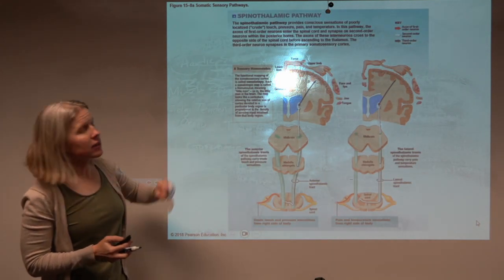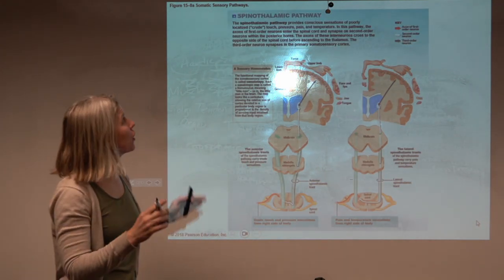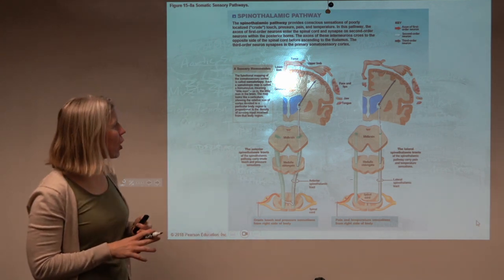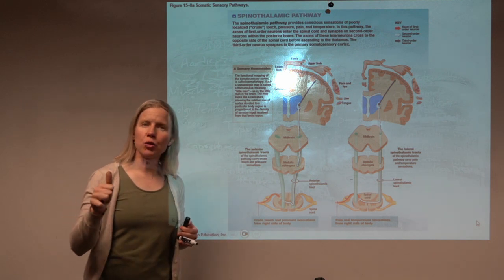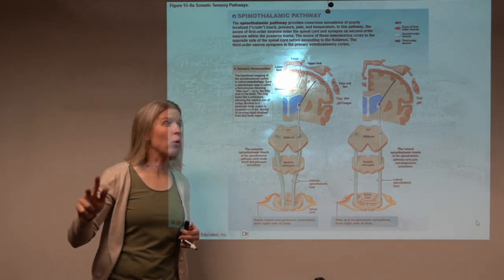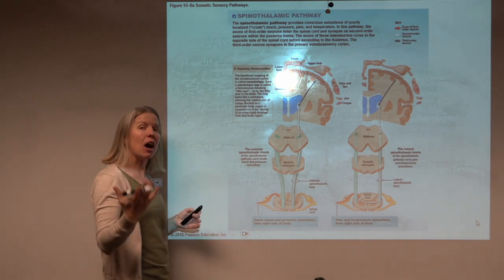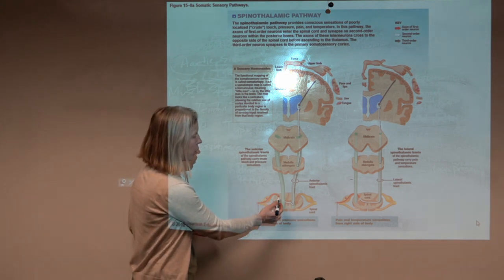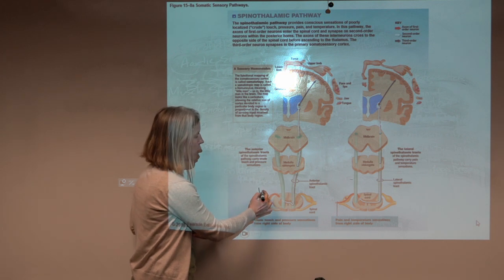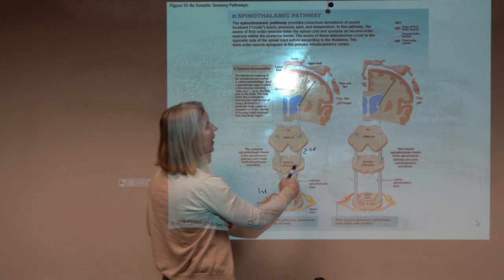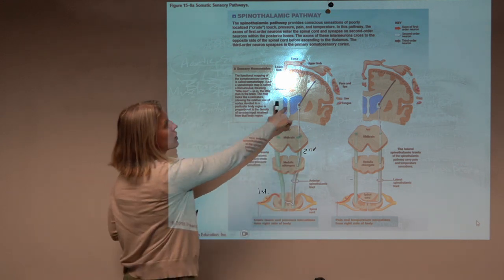So one of the things that I should point out before we dive in here is when we're dealing with sensory pathways, we end up talking about first order, second order, and third order neurons. And they're being nice here by color coding those for you, right? So here in red, we're seeing our first order neuron. In white, we see the second order neuron traveling up to the thalamus.